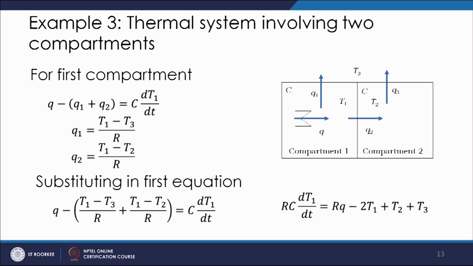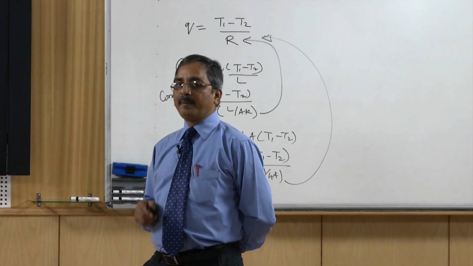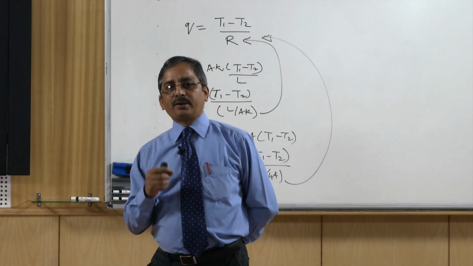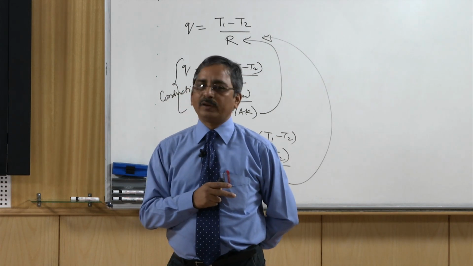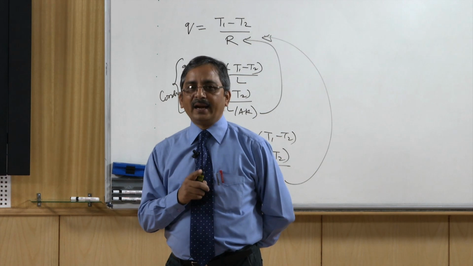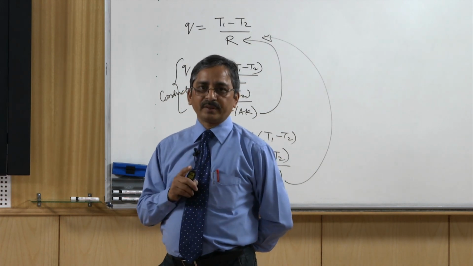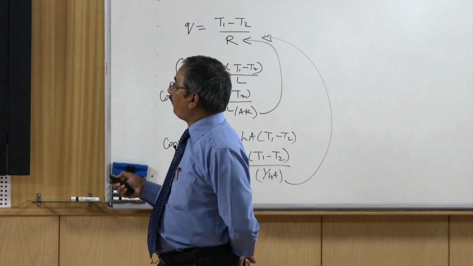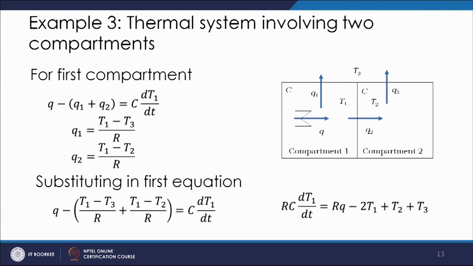Then I can write the expression for the first compartment, and remember we are going to use the two basic building blocks here for the thermal system, and these are the thermal resistance and the thermal capacitance. So, let us go for the first building block, thermal capacitance.